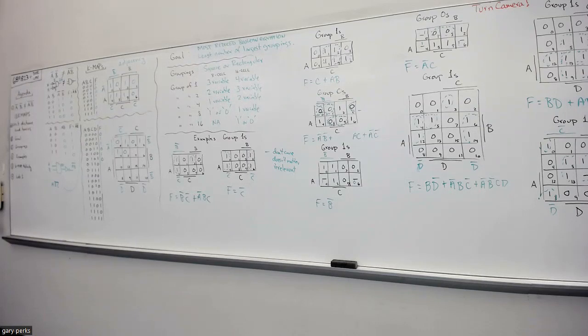All right, one more to go here. So here we're grouping zeros, and we have a couple of don't cares. So what would you do here? And this is going to give us not F. Any ideas?